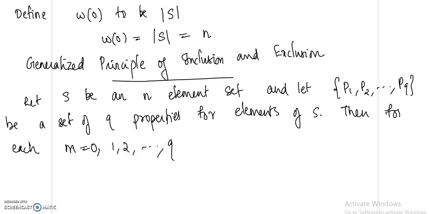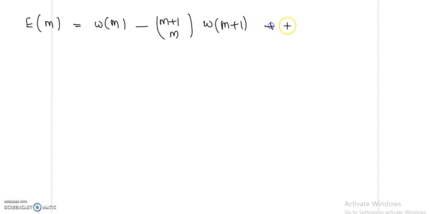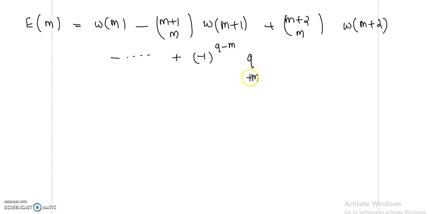Q. The generalized principle of inclusion and exclusion states that E of m is equal to omega of m minus (m+1)Cm omega of m+1 plus (m+2)Cm omega of m+2 minus etc. plus the last term, which is (-1) raised to q minus m, qCm omega of q.